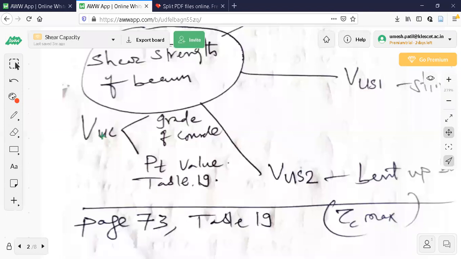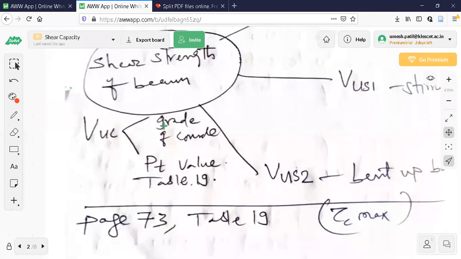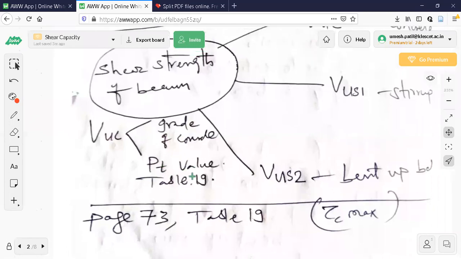So I'll tell you how to find this. Let us say the grade of concrete is 20. The PT value I have to calculate from the problem. Let us say there are 4 bars of 12 mm diameter, and the size is 230 by 450. So how to calculate it? AST divided by BD into 100.